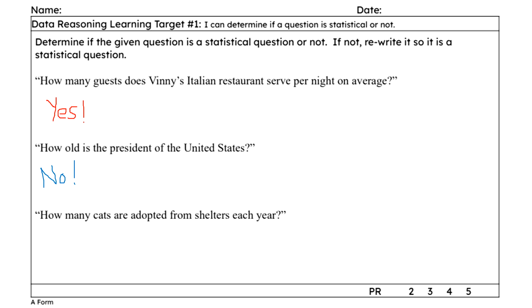So perhaps instead of just how old is the President of the United States now, maybe you want to look at all the presidents of the United States or presidents in different countries, or maybe the age at which the presidents were inaugurated and served in office.